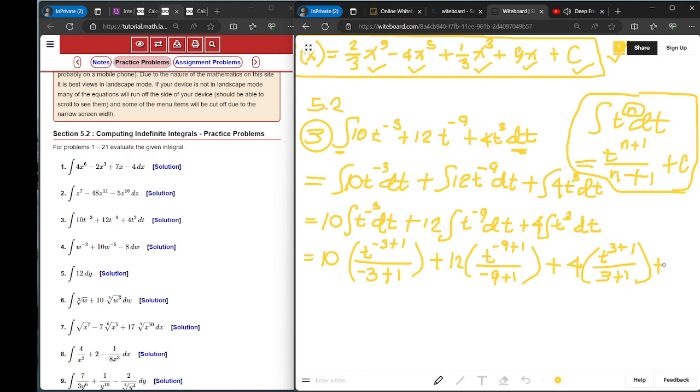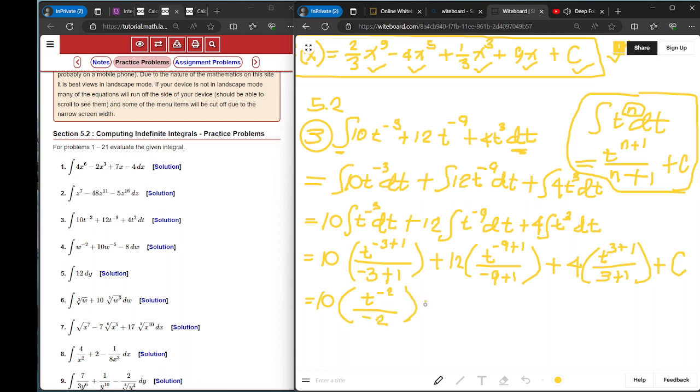Then we should not forget to write c. The next step is to simplify. So what is negative 3 plus 1? That is negative 2, same with the denominator.